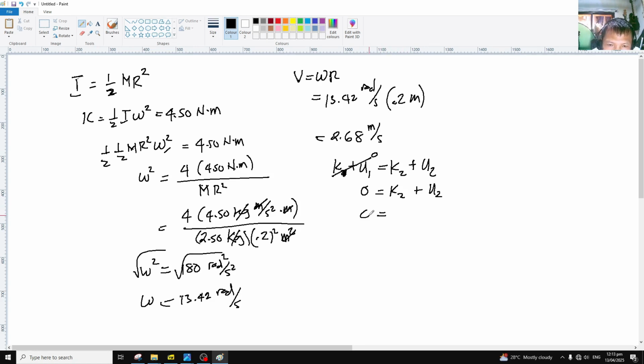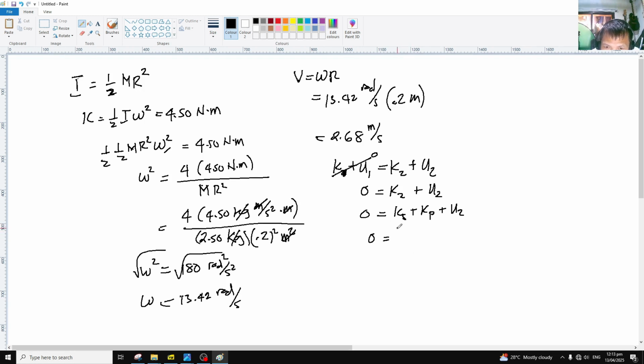Bali yung kinetic energy ng bato at saka kinetic energy ng pulley. Tapos, yung potential energy naman ng bato. Okay? So, kinetic energy ng stone, ito na yung velocity niya.